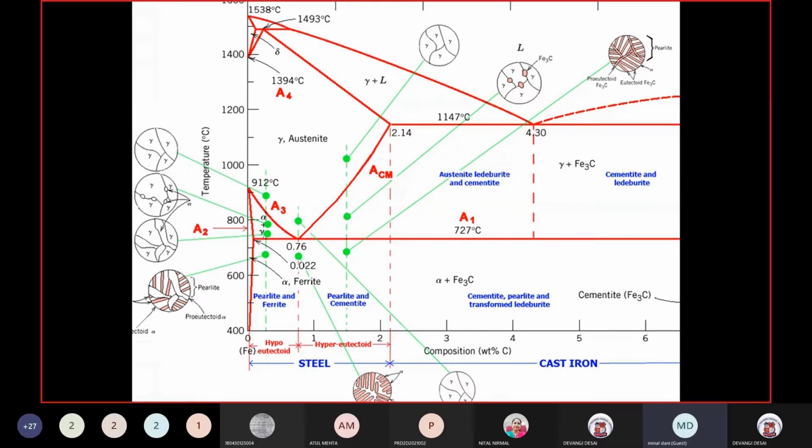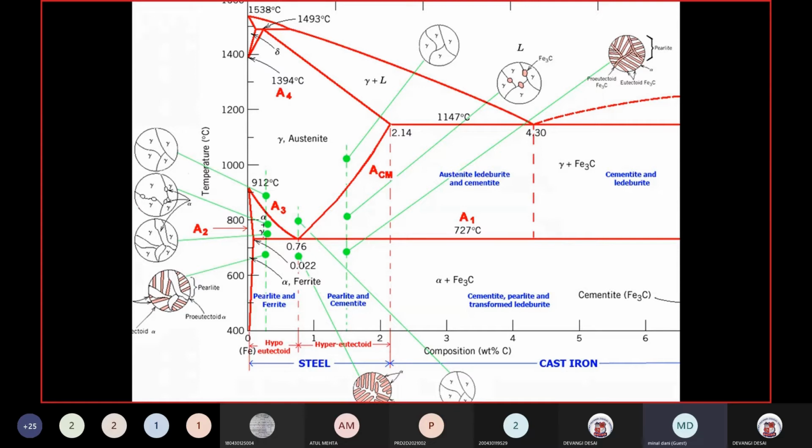So this pearlite is the mixture of ferrite and cementite. It is a lamellae of ferrite and cementite. So for hypoeutectoid steel, your microstructure is ferrite and pearlite, and for hypereutectoid steel, your microstructure is pearlite and cementite.